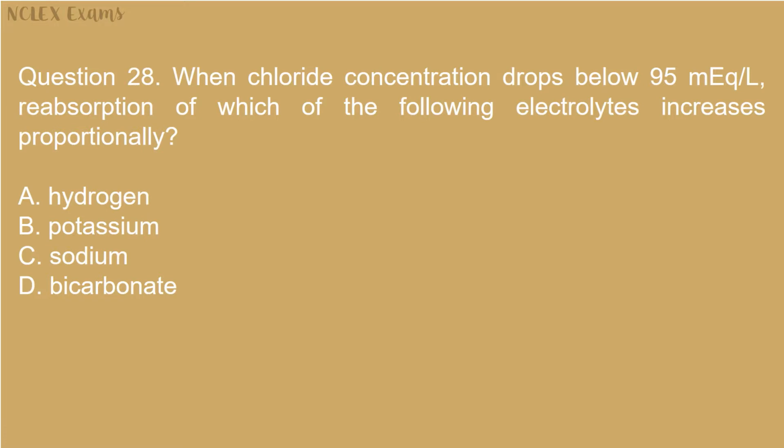Question 28. When chloride concentration drops below 95 mg/L, reabsorption of which of the following electrolytes increases proportionally? A. Hydrogen, B. Potassium, C. Sodium, D. Bicarbonate.